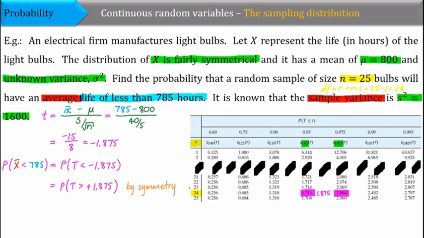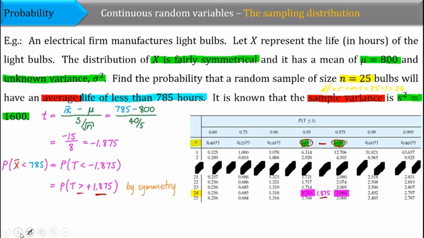So that's not too difficult, because it means that our 1.875 will have a probability that lies between these two. For 1.7, we have a tail end probability of 0.05, and for 2.064, we have a tail end probability of 0.025. So our tail end probability will be between those two.